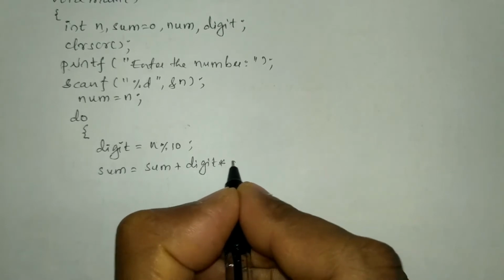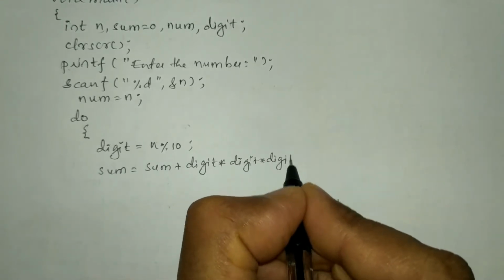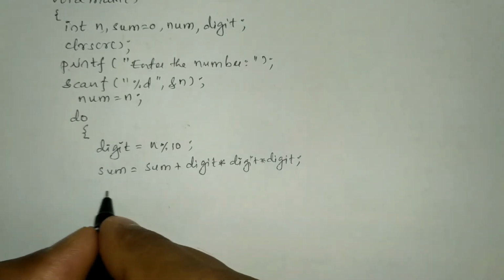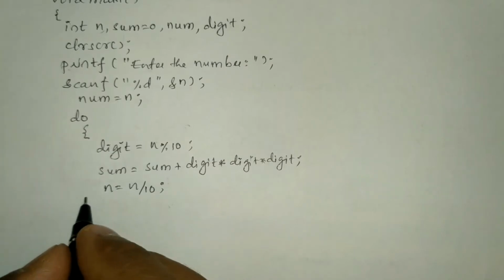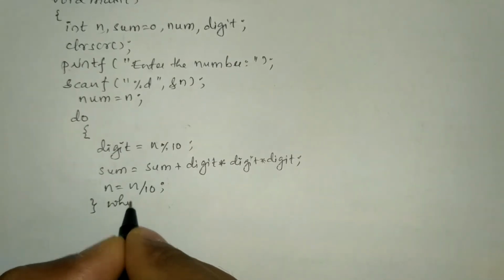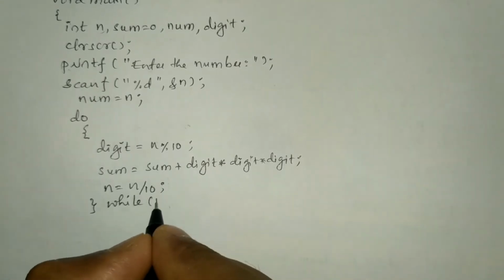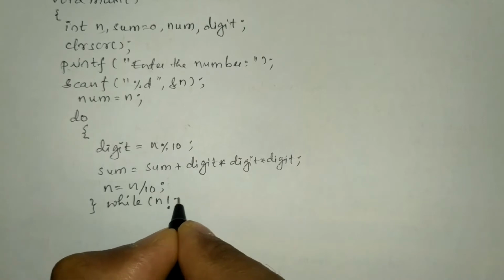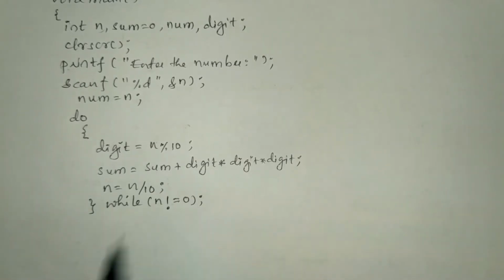That's the reason I'm going to write digit into digit into digit and semicolon. Next n is equal to n integer division by 10, and here I'm going to put curly closing brace and we'll write while. While is a keyword, it should be written in lowercase letters. Now I'm going to check the condition, n should not be equal to 0, and put semicolon.